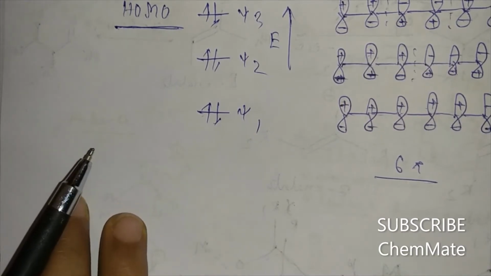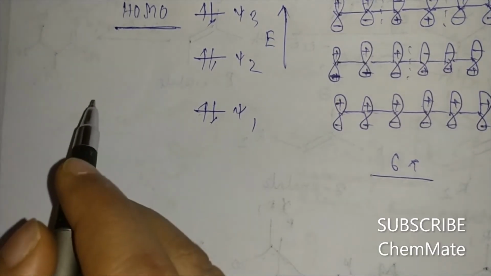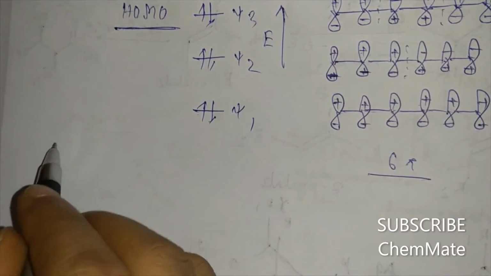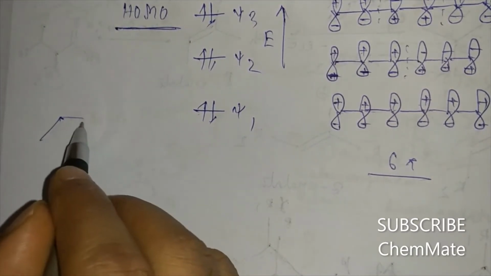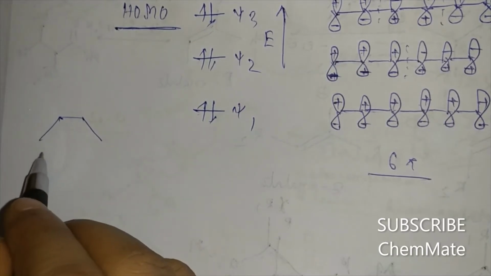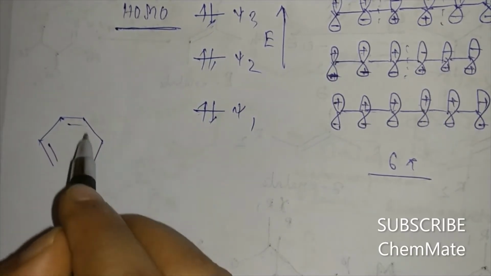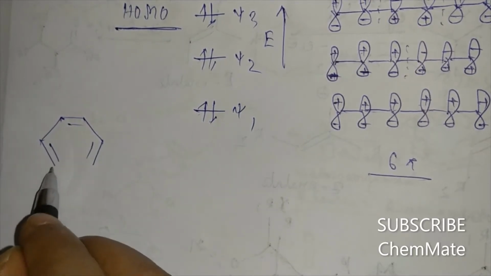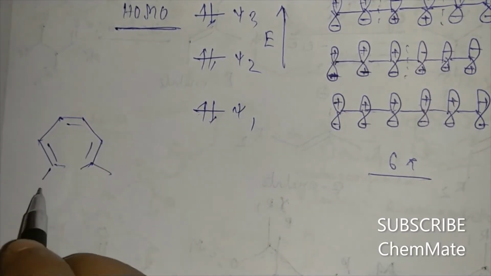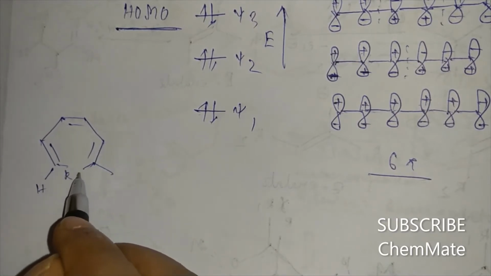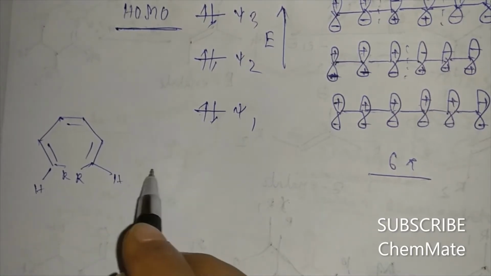So if we consider this molecule, let's say this is the 6 pi electronic system. Now let's say this is hydrogen, this is R, this is R, this is hydrogen.